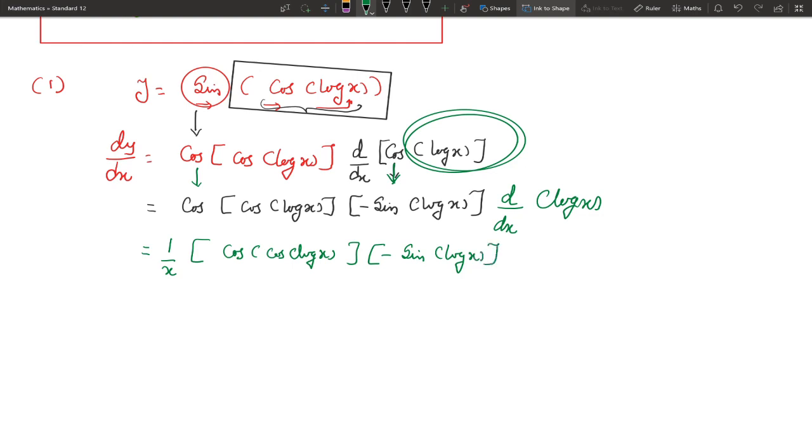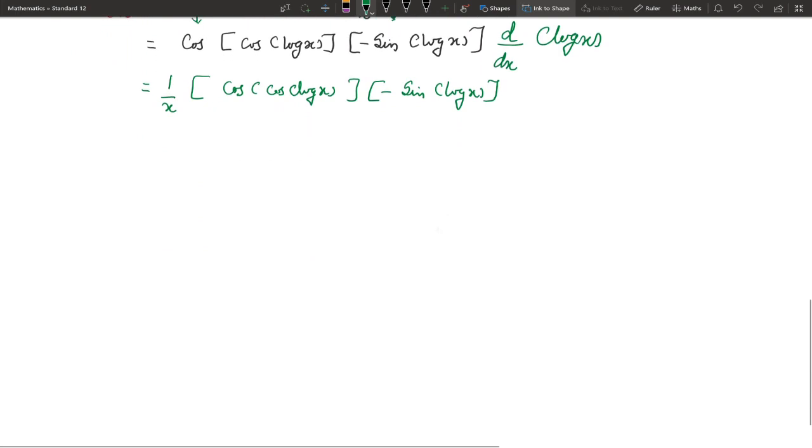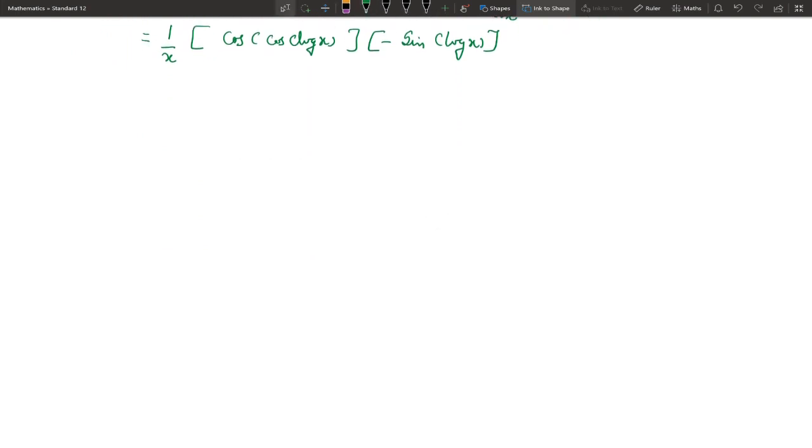We take another example. By taking various illustrations, we will learn this chain rule. We take a second example. If y equals sine of tan of e raised to x, obtain dy by dx.